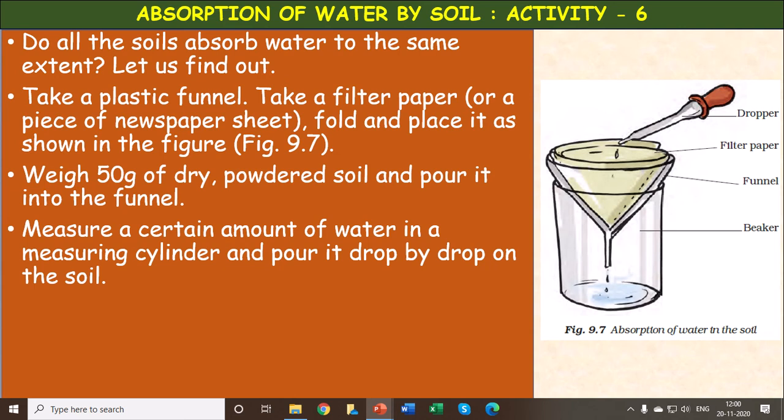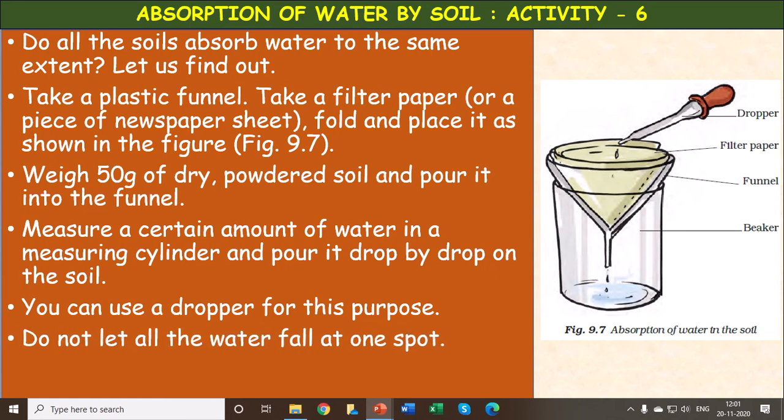So with the measuring cylinder, you can measure some amount of water and pour it drop by drop using a dropper, as shown here. So after measuring the water, with the help of a dropper, drop by drop, you have to pour it into the funnel.